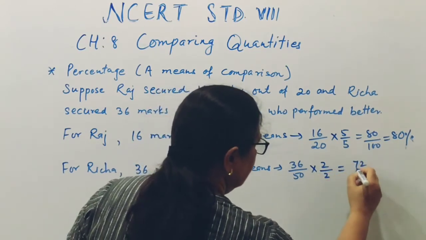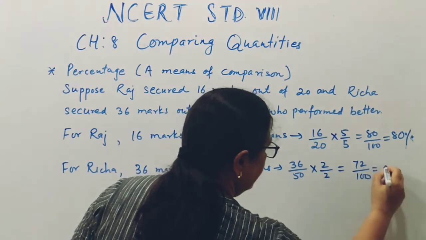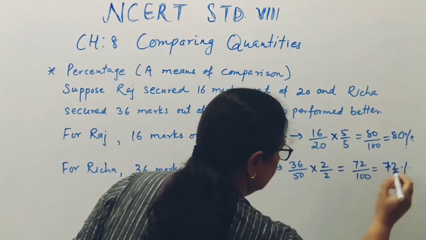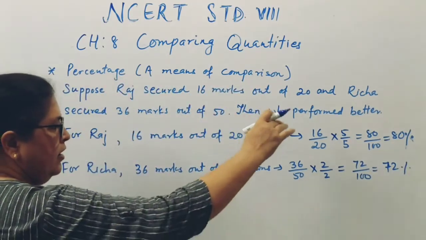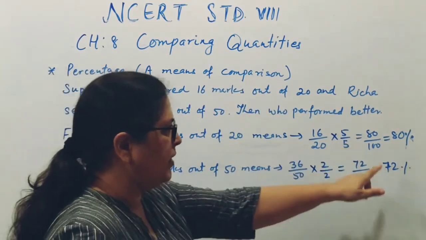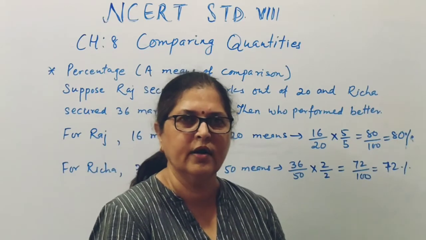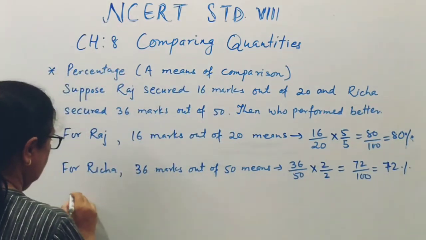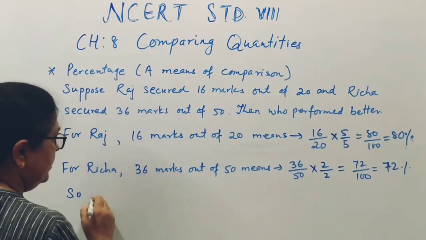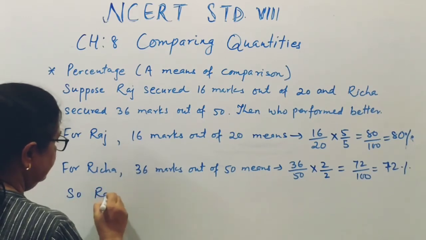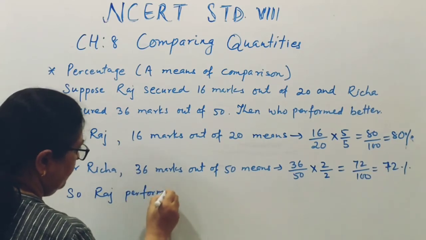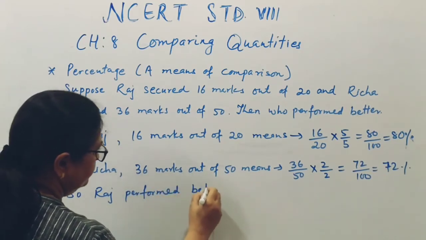So it is 72 upon 100, that is 72%. So here we have compared the marks of both the students with the help of percentage. So we concluded that Raj performed better.